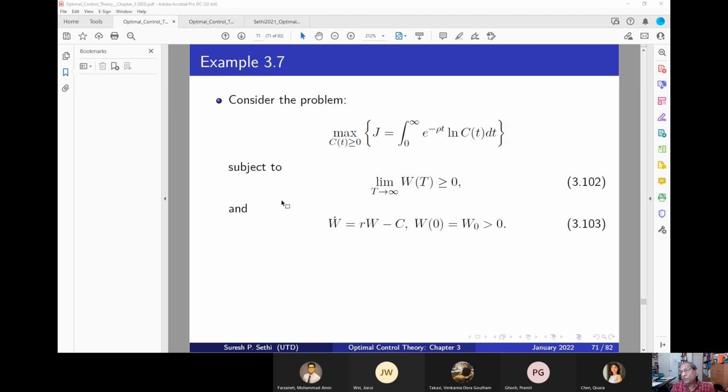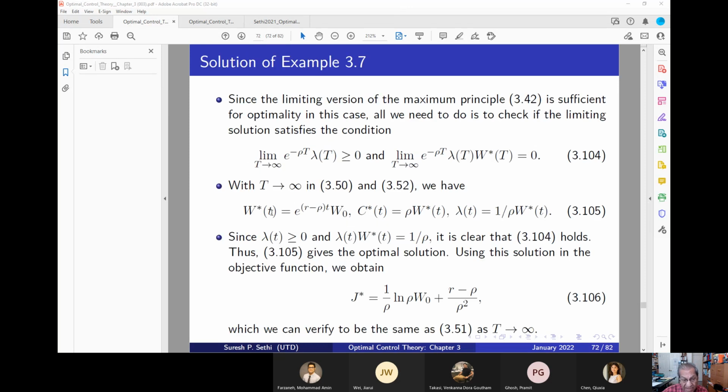That means I will consume the interest and a little bit more than interest so that I drive the wealth all the way to 0 at capital T. Why can I not do that? When R is equal to rho, why can I not consume a little bit of the initial wealth all the way so that at infinity I have no wealth left?